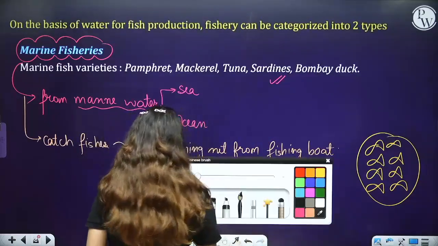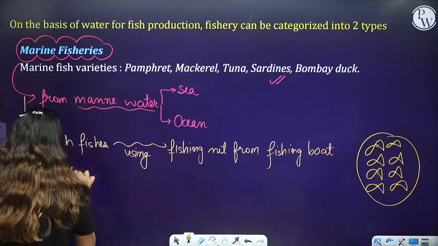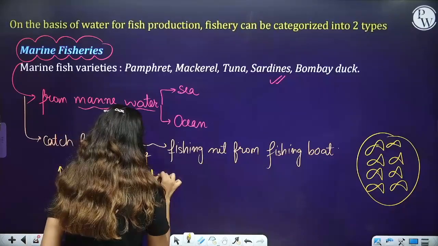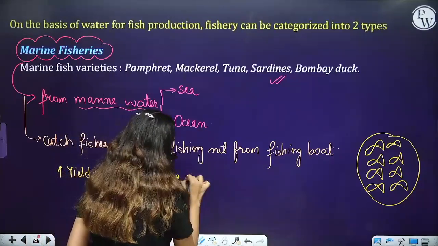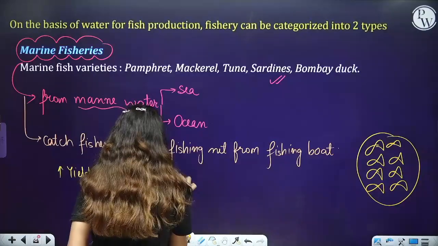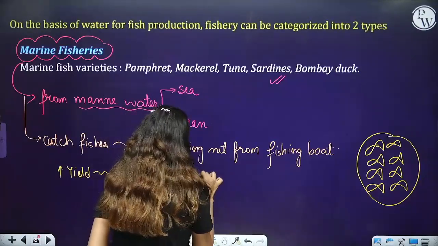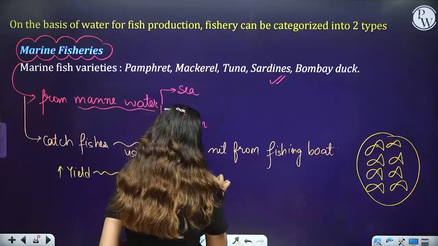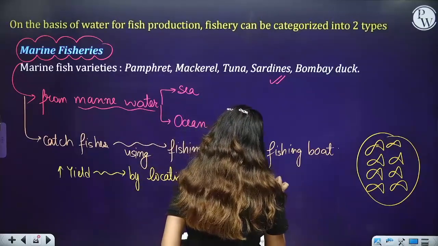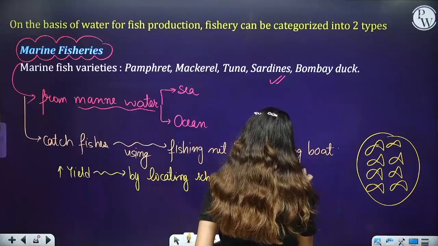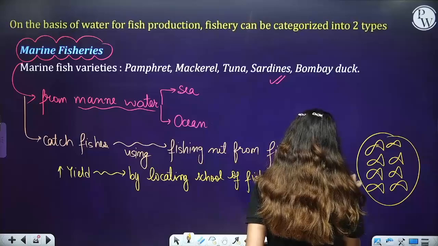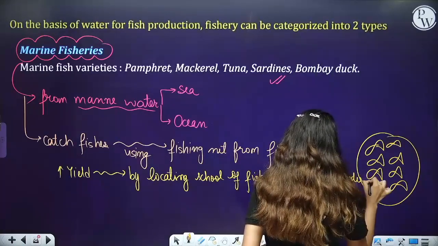If we want to increase the yield, we can do it by locating where we are going to find groups of fishes. Locating the school of fishes. And how are we locating them? We are locating them using echo sounders as well as satellites.